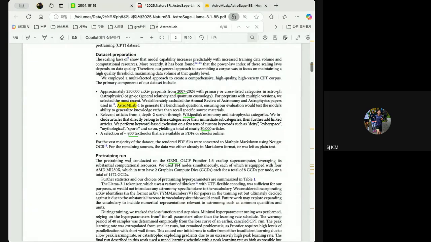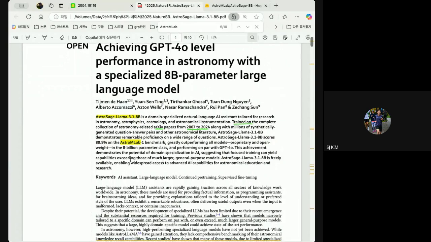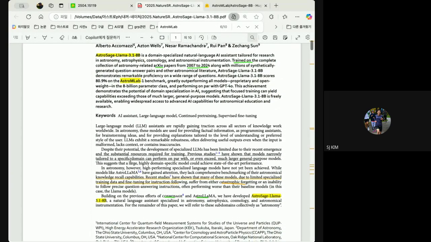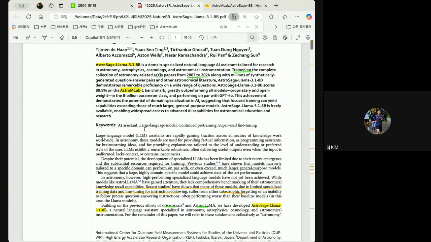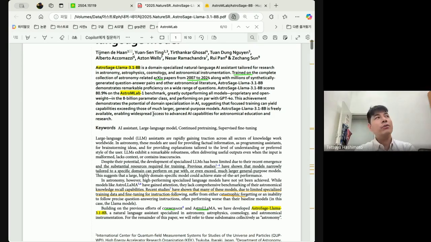I think this paper was accepted early this year, I don't know. But they just show that based on a general LLM, they trained on astronomy and achieved a good level. I think that's the point. But I'm not sure if this is really useful for real astronomy. Okay, I see.